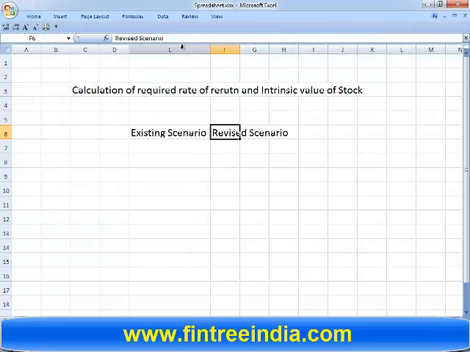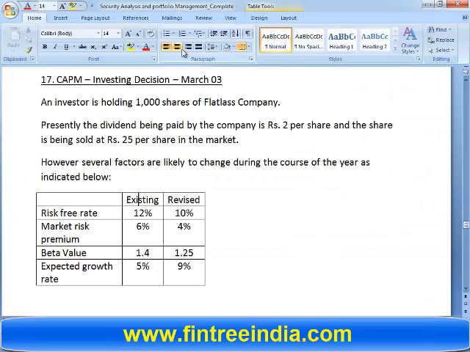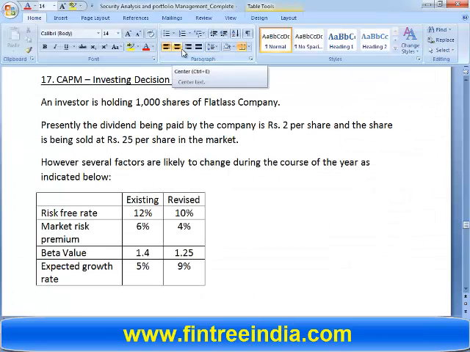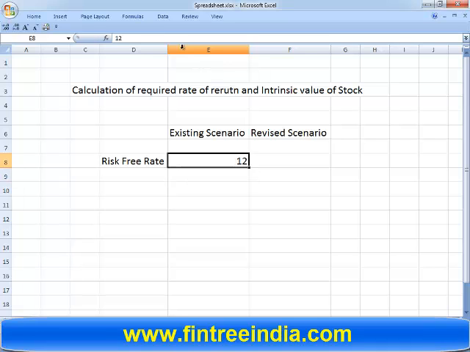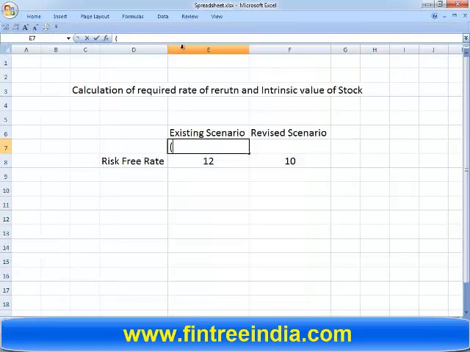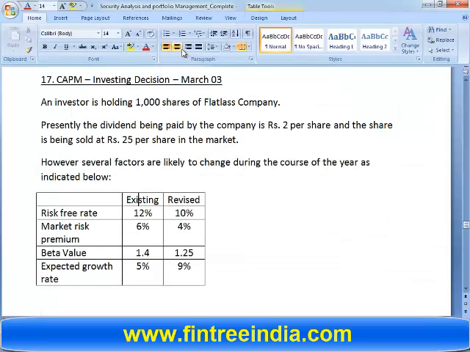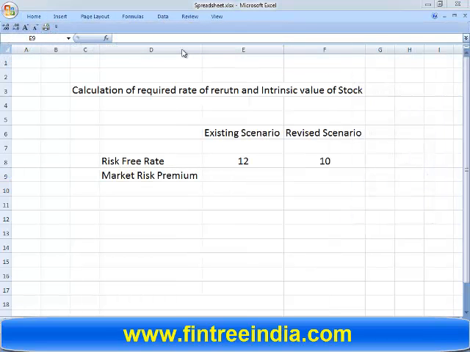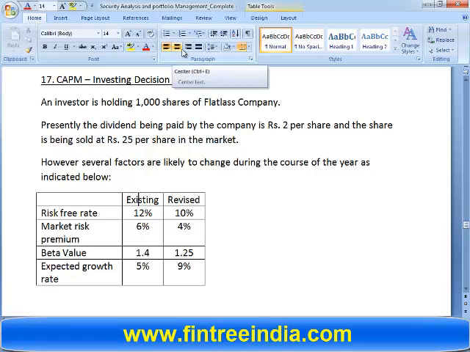Revised scenario. RFR, risk-free rate: $12 and 10%. You can say in, no, not required. Then next one, market risk premium: 6 and 4.